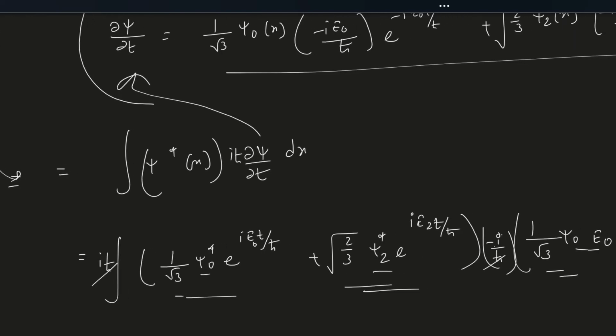Plus the other terms are cross terms, I mean 1 by root over 3 into root over 2 by 3 psi naught star psi 2 E2 e to the power of plus i t by h cut (E naught minus E2).